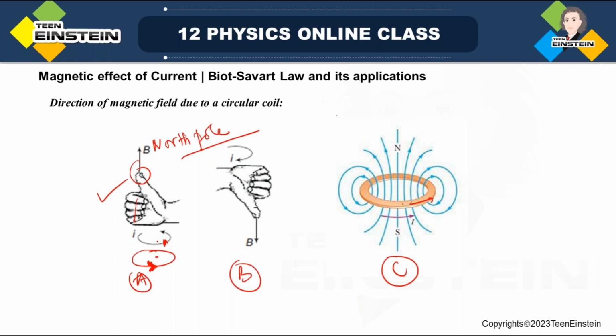So in this case, see, the north pole is here and the south pole will be down. If you draw the field lines, it goes like this. So in this example the current direction is anti-clockwise, so the upper face is producing the north pole of the magnetic field, and this is the south pole.